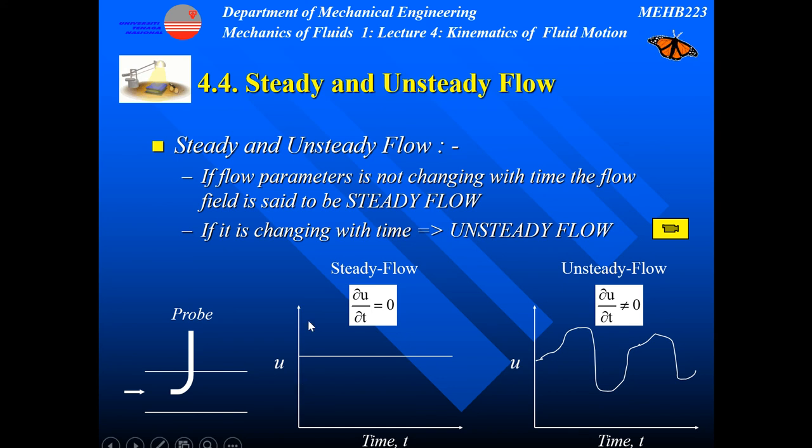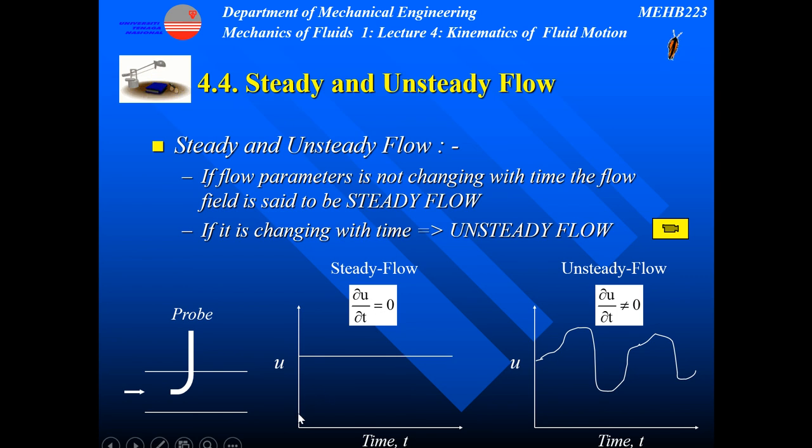If we put a probe in the flowing fluid, you can actually get the velocity, for example. If you plot the velocity with respect to time and get a straight horizontal line, that means it's a steady flow, because the rate of change of velocity with respect to time is zero.